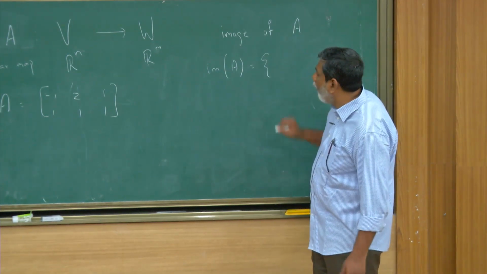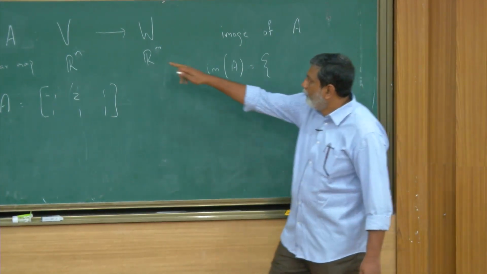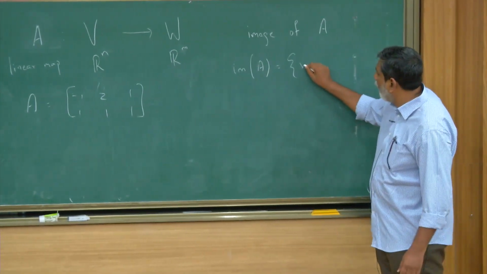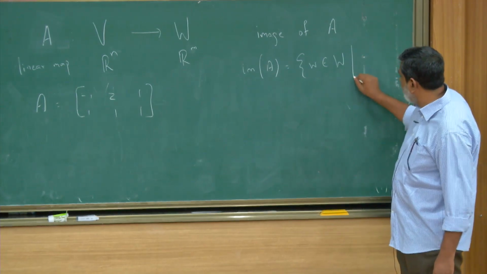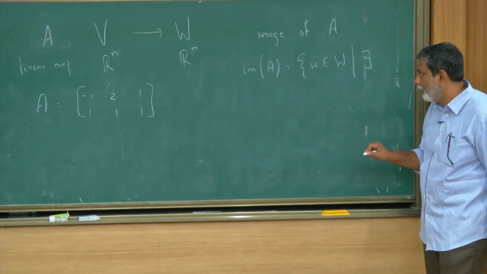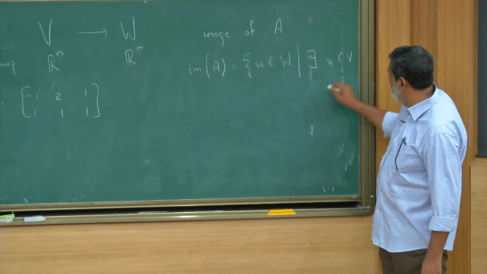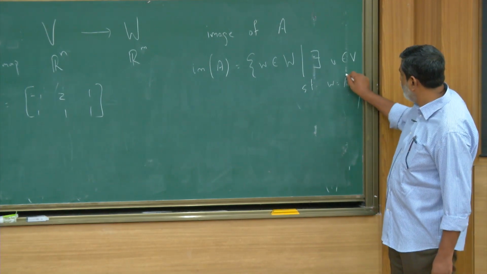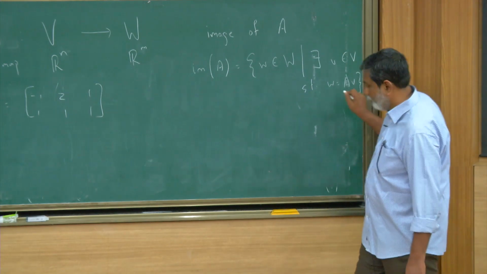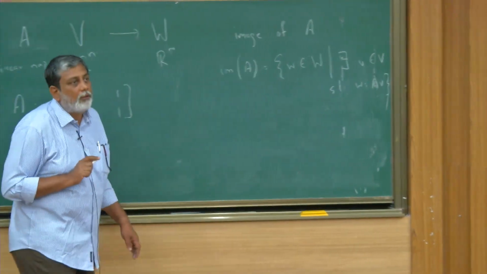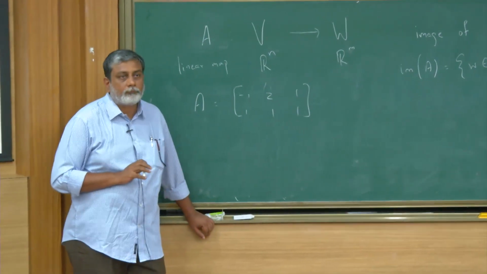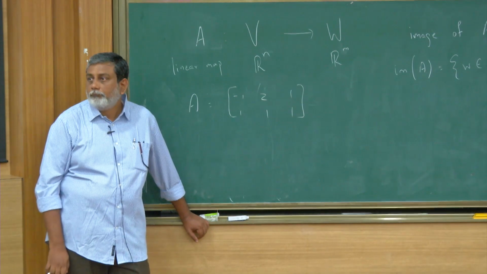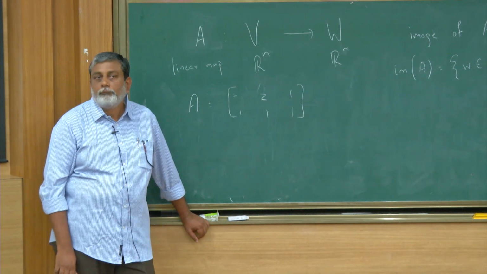If I use this abstract V and W, it consists of all w in W such that there exists a v in V such that A v equals w.